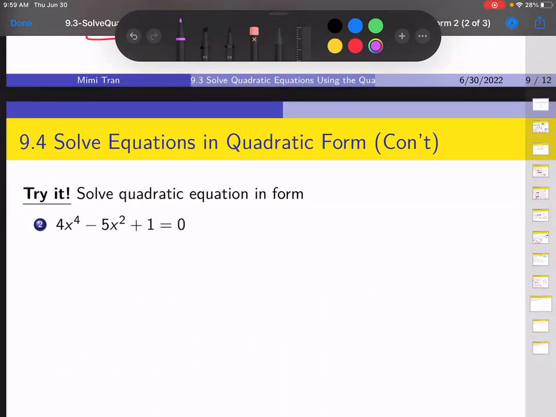When you see something like this, you use the u substitution. That's a quicker way too. If you want a quicker way, I'll show you.